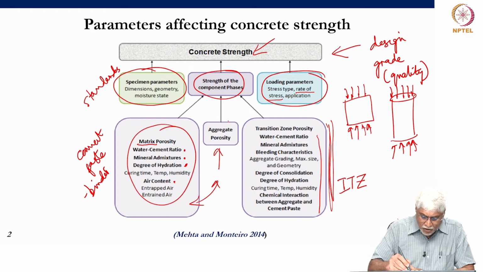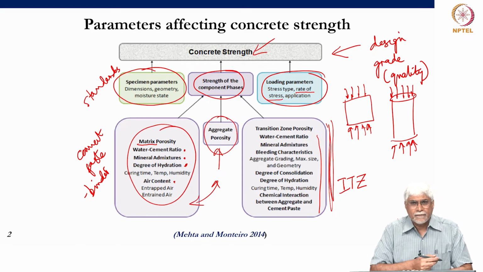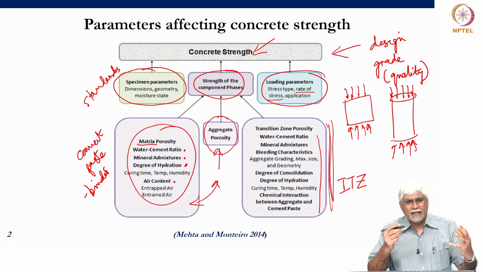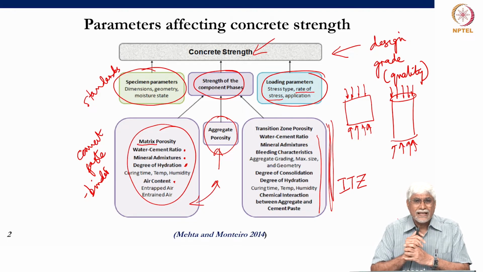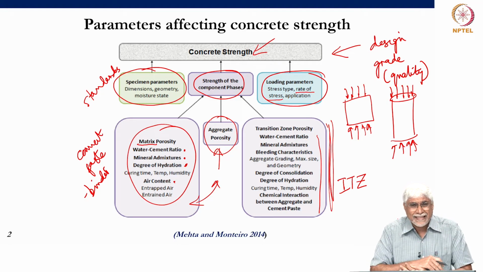So, the aggregate porosity now could be of concern, because we have taken aggregates from old concrete and this could be covered with hydrated, partially hydrated cement paste, or what we call adhered mortar. So, the aggregate in recycled concrete aggregates is the aggregate plus mortar that is stuck onto it.